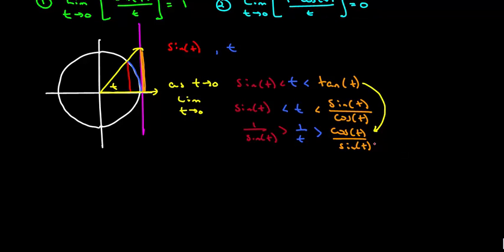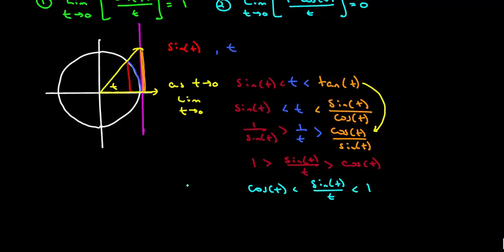So multiply everything by sine, so this becomes 1 is greater than sine t over t, which is greater than cosine t. So let me just rewrite this order here. So we've got cosine t is less than sine t over t, which is less than 1.